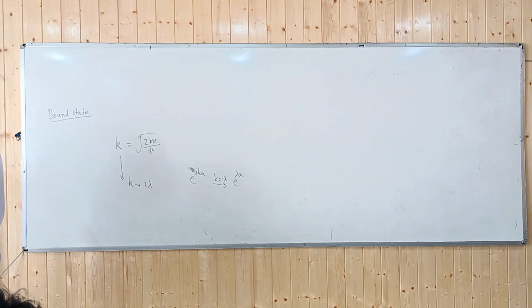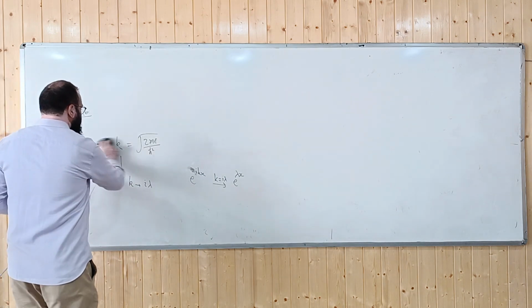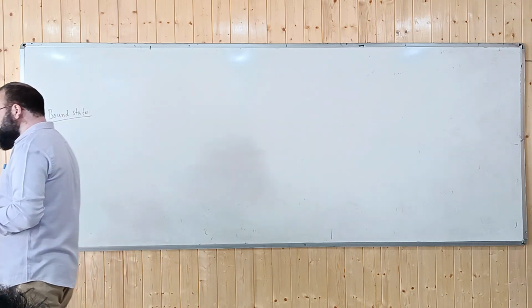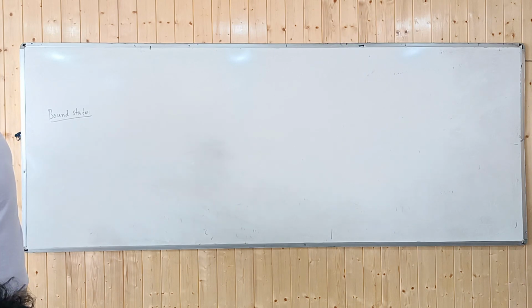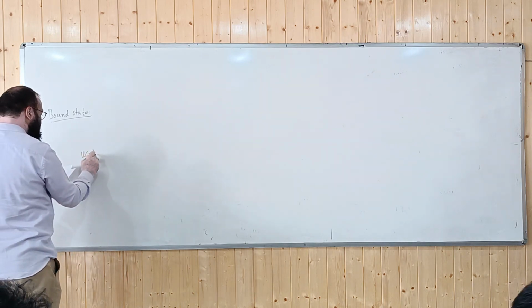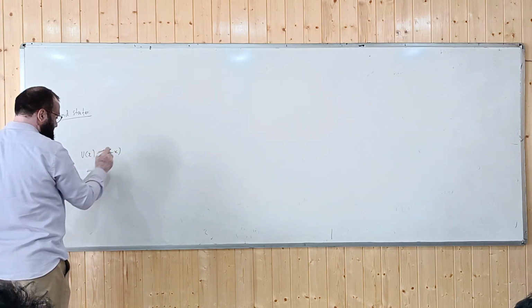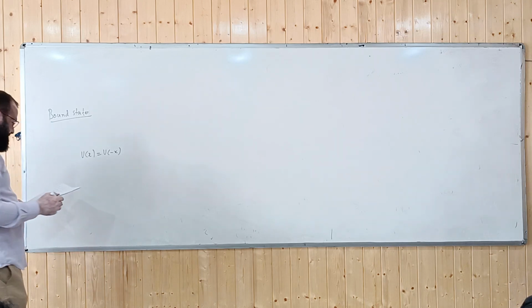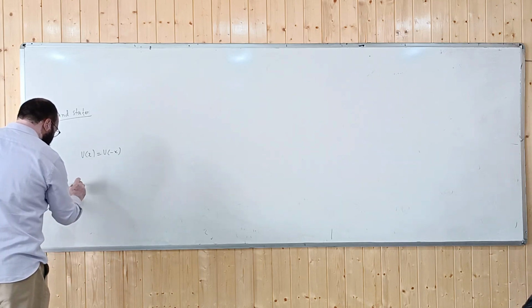We will assume a symmetric potential. This is the assumption I will make because it makes things easier. I will assume V of x equals V of minus x, so that there is no mixing of parities. Let's take the even parity state.